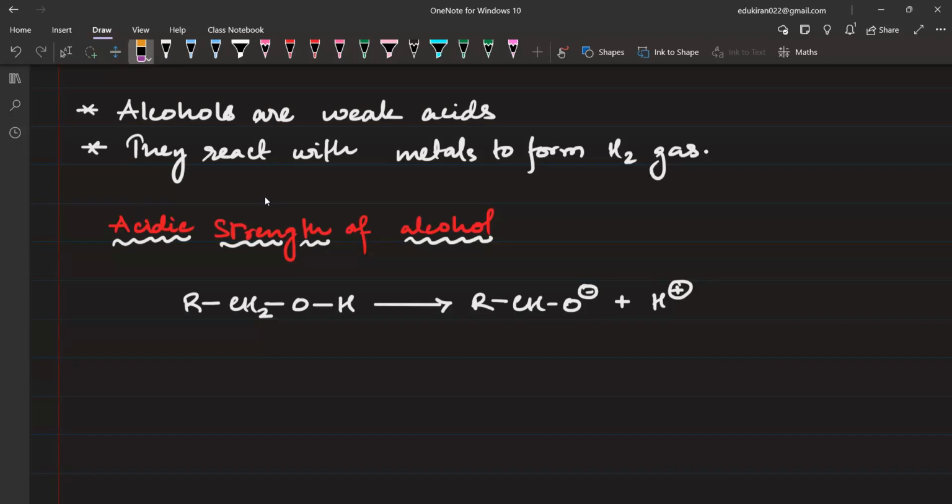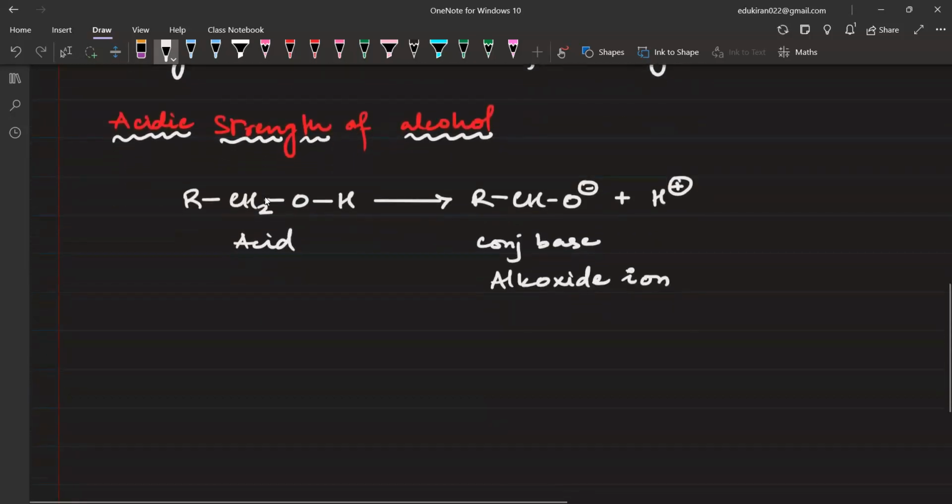Here, this is your acid, you remove the hydrogen, and you get the conjugate base, which is the alkoxide ion. Now, in general, the acidic strength is directly proportional to the stability of the conjugate base.